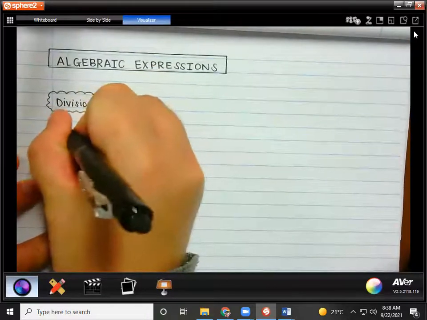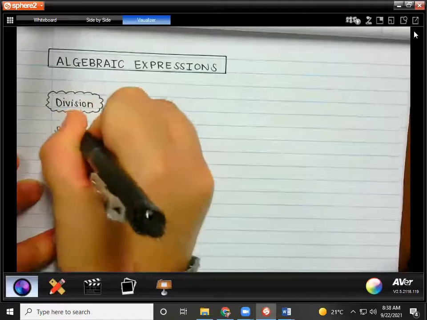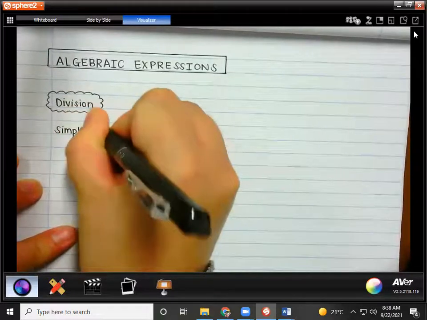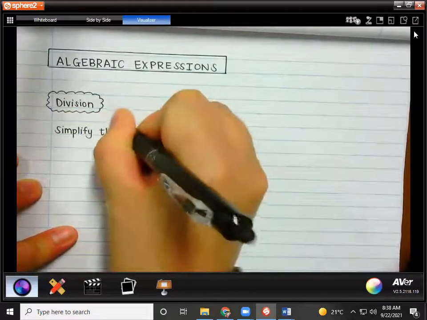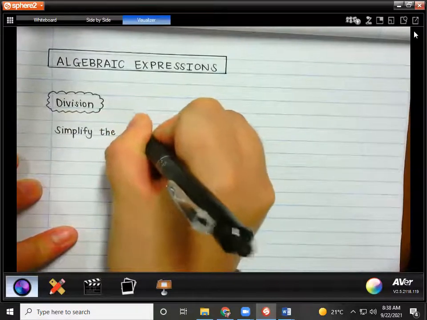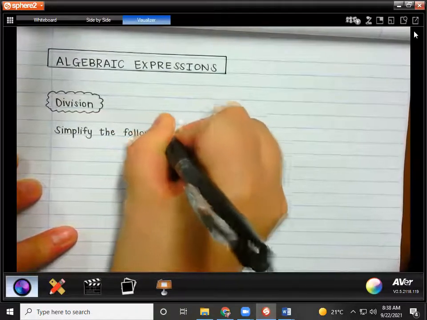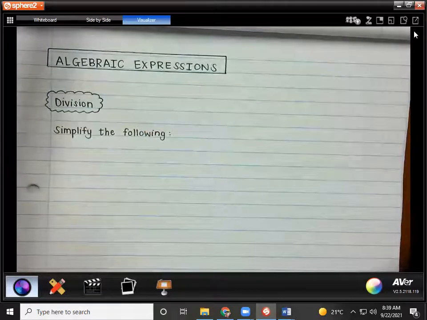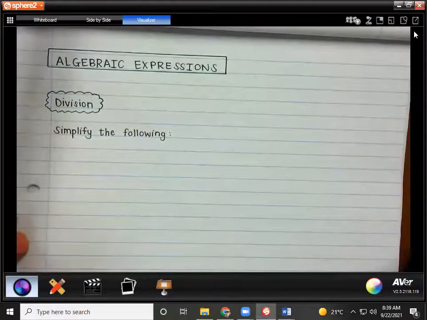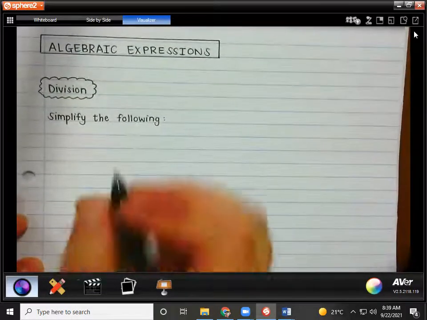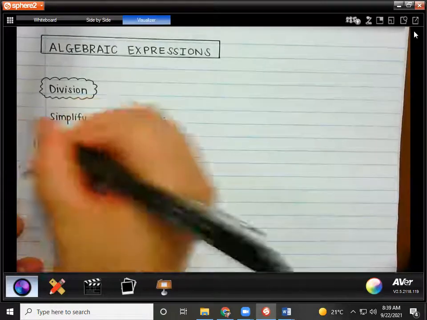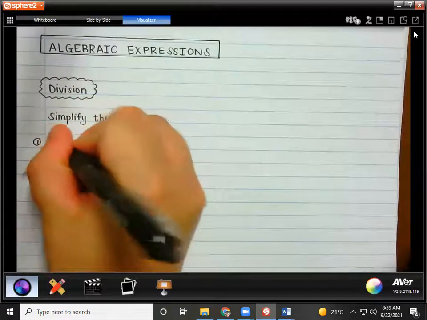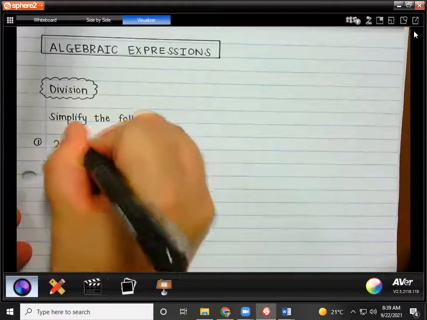Simplify the following. It is a fraction. I'm just writing it over 2 lines.